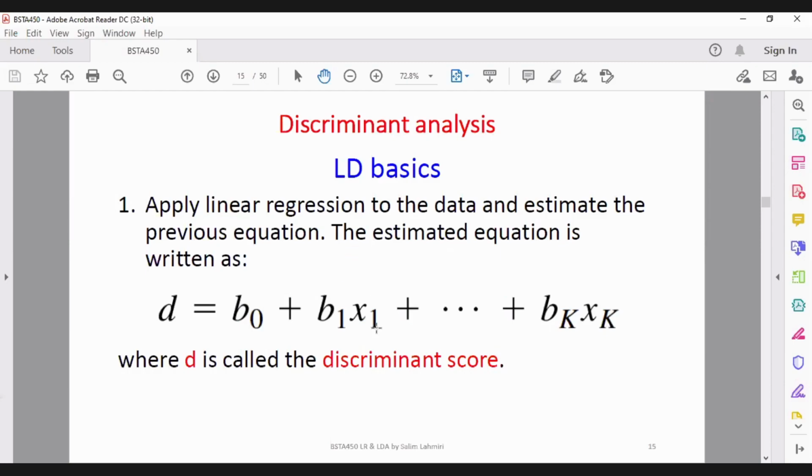So under discriminant analysis, let's assume we apply linear regression to the data and we estimate the previous equation. So the estimated equation is the following: D is equal to B0 plus B1 x1 plus B2 x2 plus BK xk. And we call D a discriminant score.